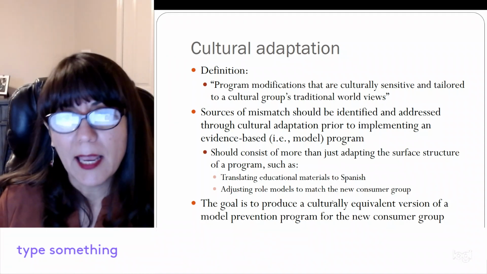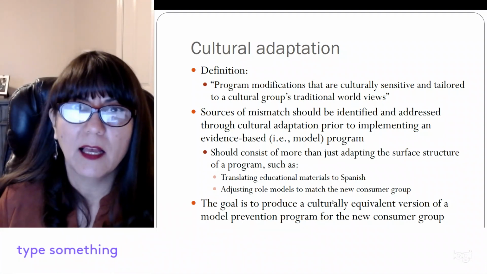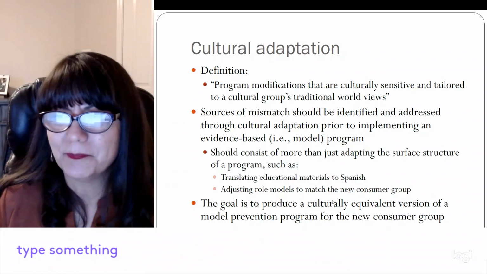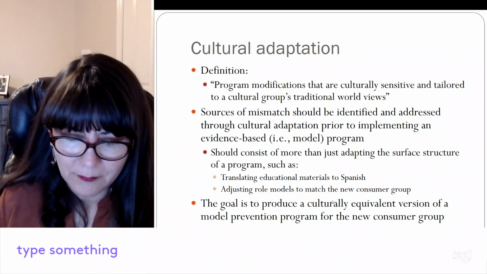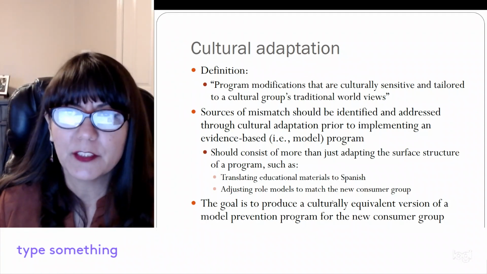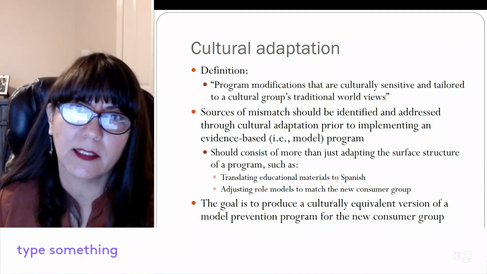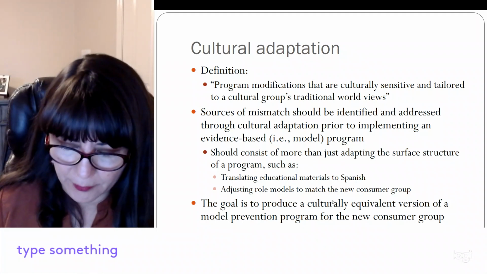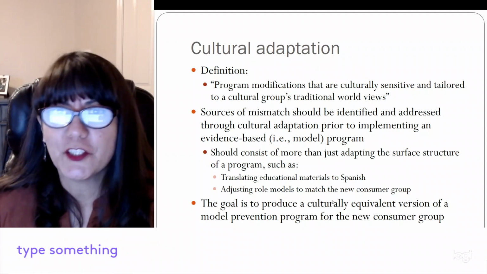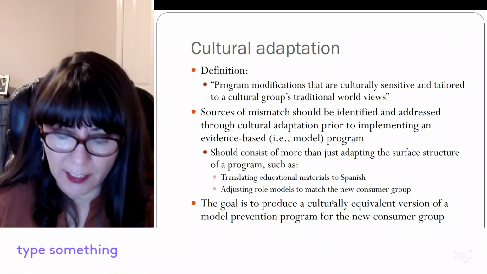And so the adaptation should consist of more than just these superficial types of adaptations, not just on the surface, but a deep adaptation so that we're addressing the population's beliefs, norms, and values, and any other relevant conditions of that population for the particular behavior or lifestyle.